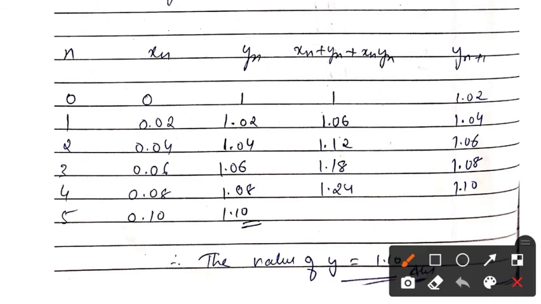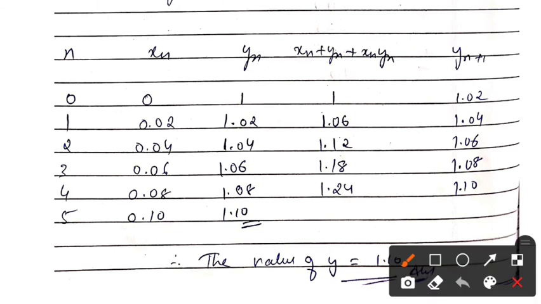Now your first n equal to 0, so if I put here n equal to 0, you get x0 and y0. So x0 and y0 given to you are 0 and 1. I'll put these values in this function given to you. See, everywhere there is not a function x plus y. Here you have a function as x plus y plus x into y. So put this x in place of xn and y as 1 in this formula.